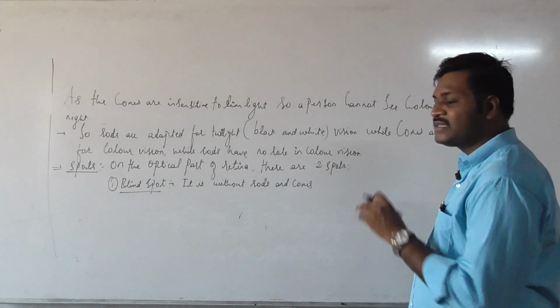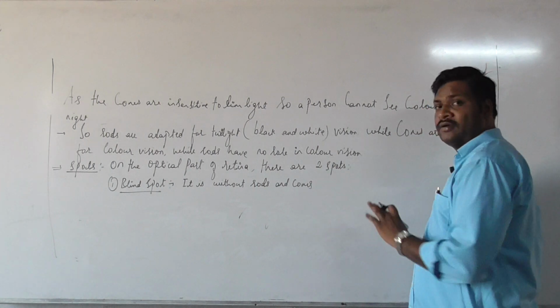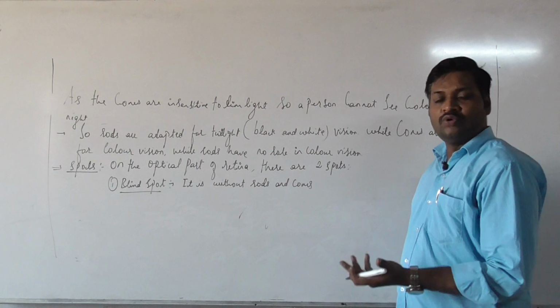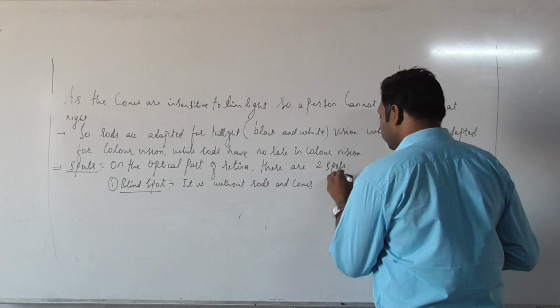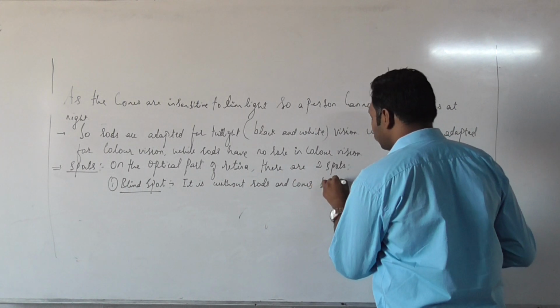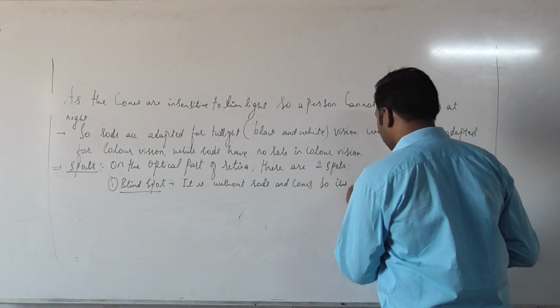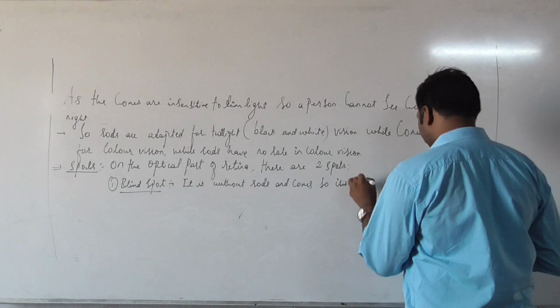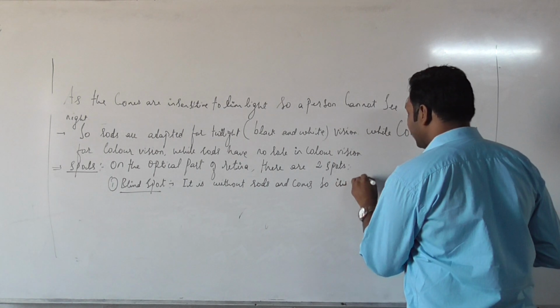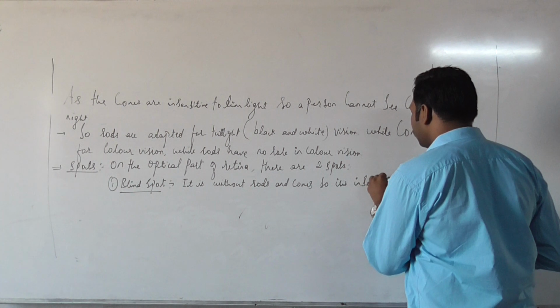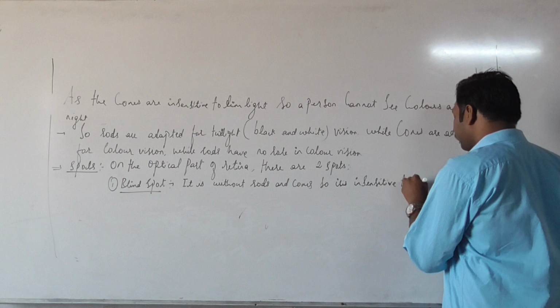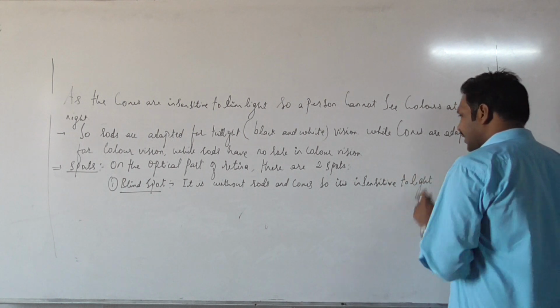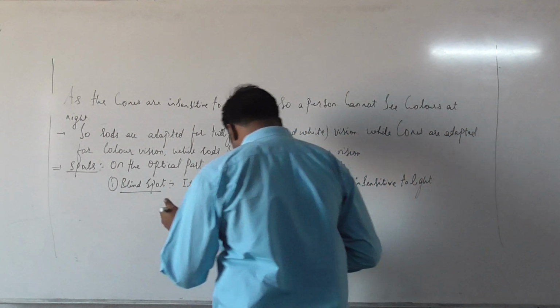Blind spot means it is without the rods and cones, that means no vision will be seen. It is insensitive to light.